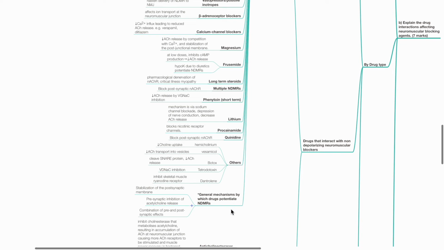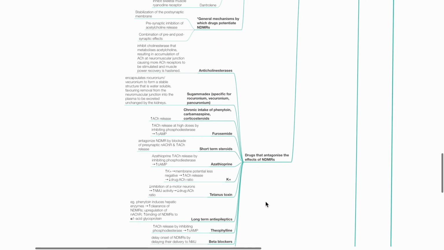General mechanisms by which drugs potentiate non-depolarizing muscle relaxants are via stabilization of the postsynaptic membrane, presynaptic inhibition of acetylcholine release, combination of pre- and postsynaptic effects, and other specific effects, which are listed.